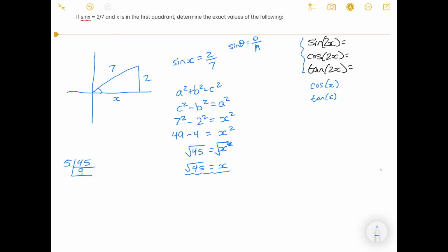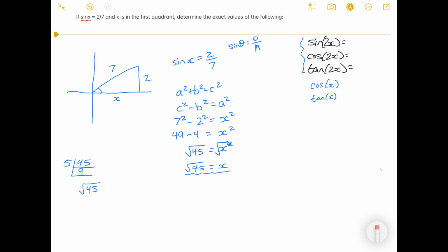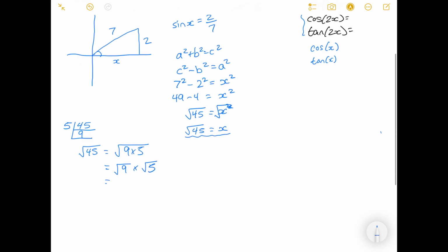I'm going to stop because the square root of 45 equals the square root of 9 times 5. I can break this up over that multiplication symbol, and the square root of 9 is just 3. So the square root of 45 is the same thing as 3 root 5.